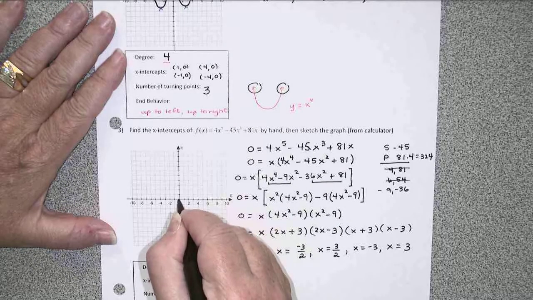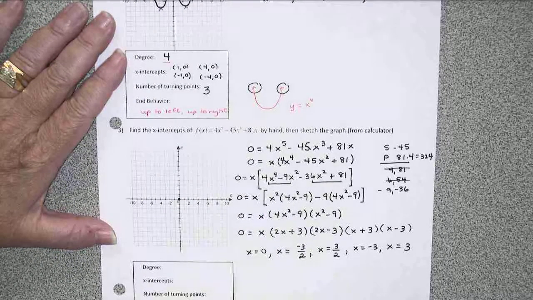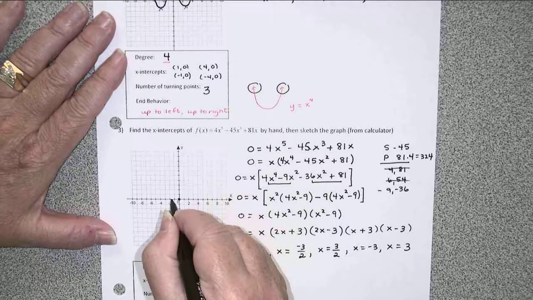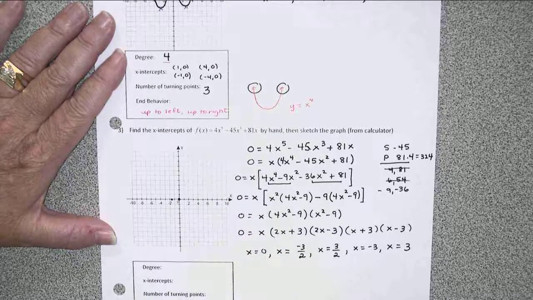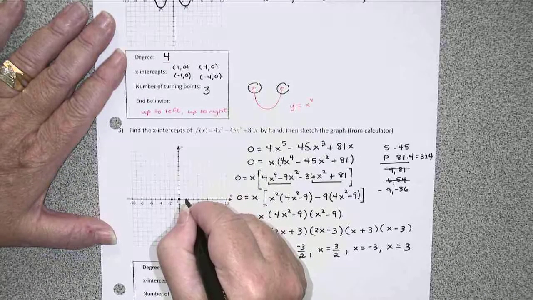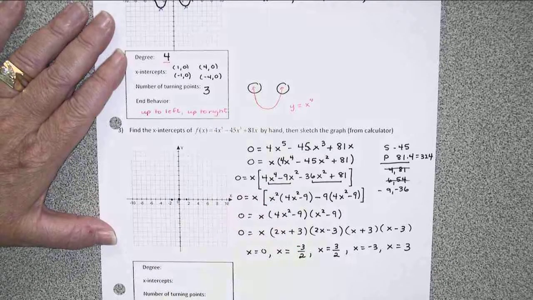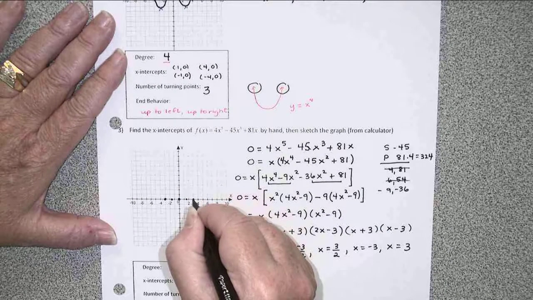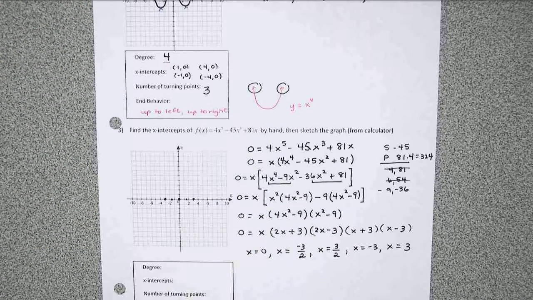0, negative 3 halves would be negative 1.5, about there. Positive 3 halves, around there. Negative 3, and positive 3.